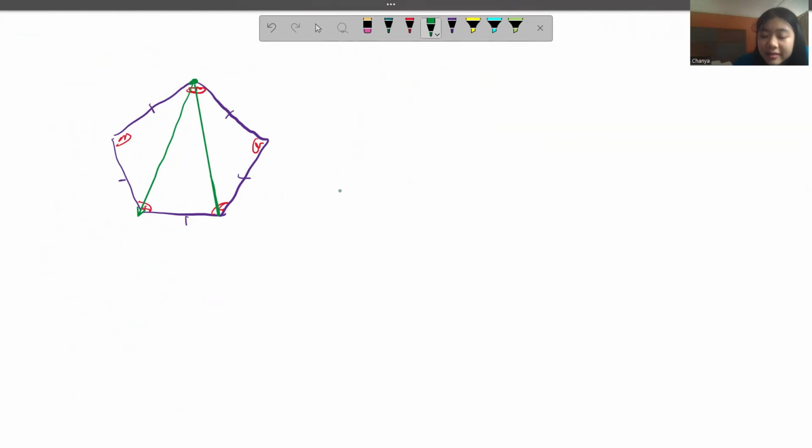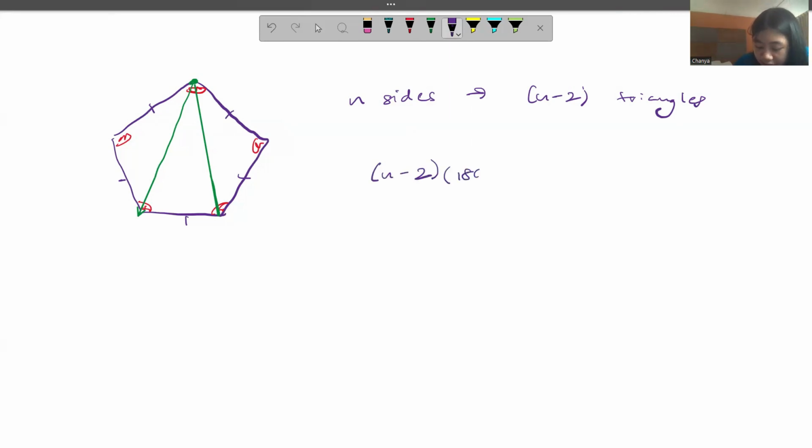Well, if you have n sides, you basically form n minus 2 triangles, right? So your number of triangles is n minus 2, and you have 180 degrees in each triangle. So therefore, this is the sum of the interior angles, n minus 2 times 180.